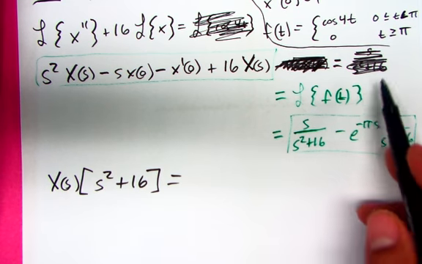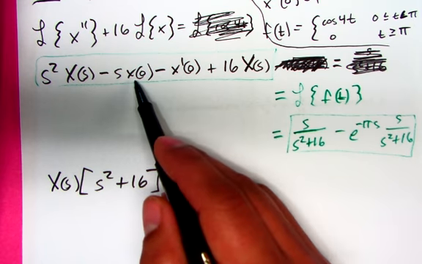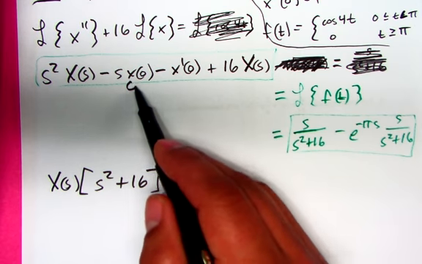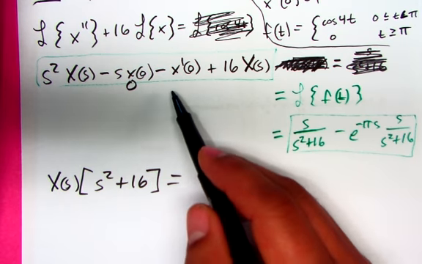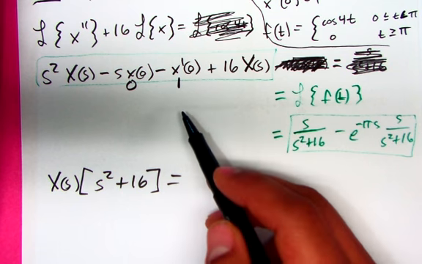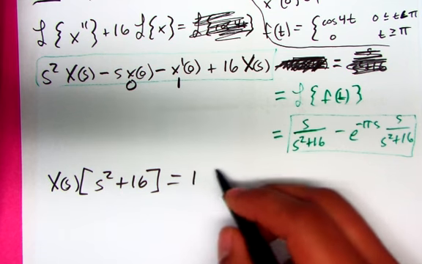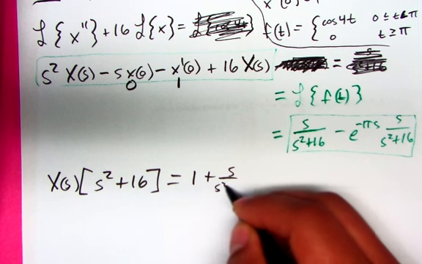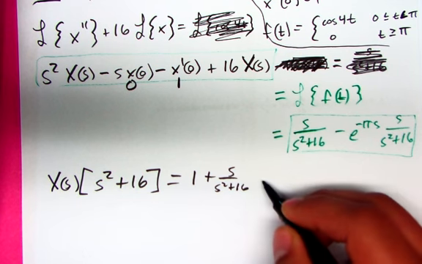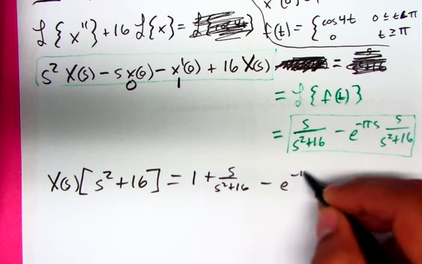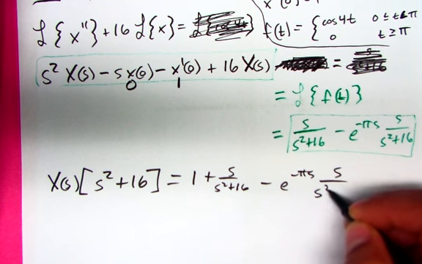Let's plug in some values. X of 0 is 0. X prime was 1. So then on the right-hand side, I'm just going to have 1 plus s over s squared plus 16 minus e to the minus pi s, s over s squared plus 16.